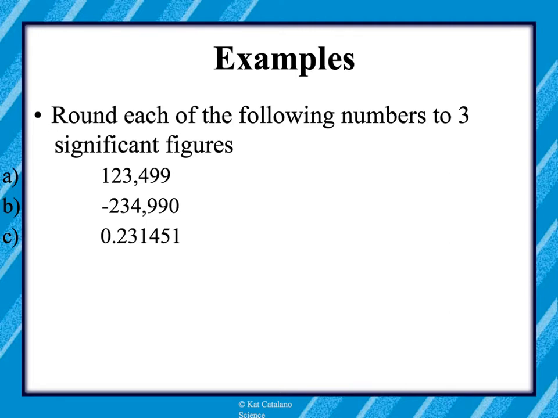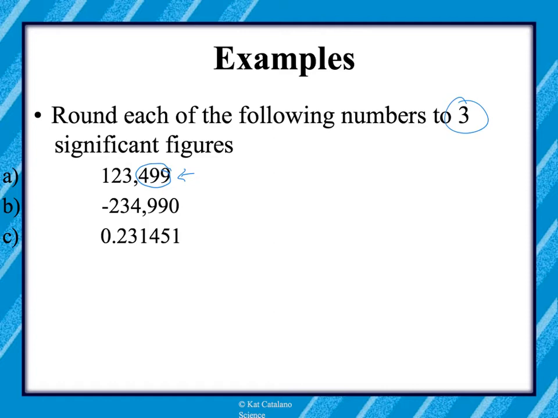We're now going to look at a couple examples of rounding numbers to a given number of significant figures. For example, in this first one, we're going to round all of these numbers to 3 sig figs. In my first number, I do not have a decimal, which means that I'm going to be starting from the right side when I count this number. Now, that means that none of these can be significant.